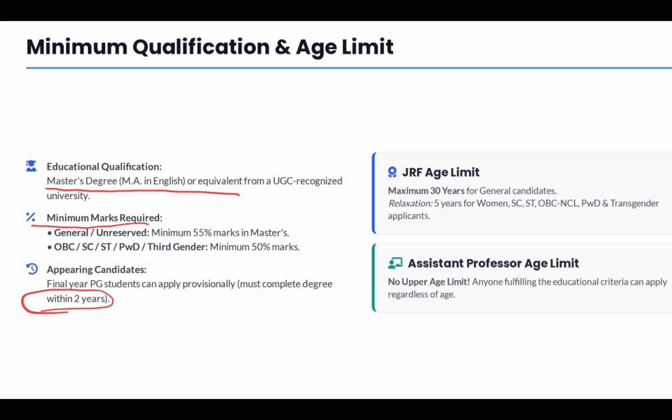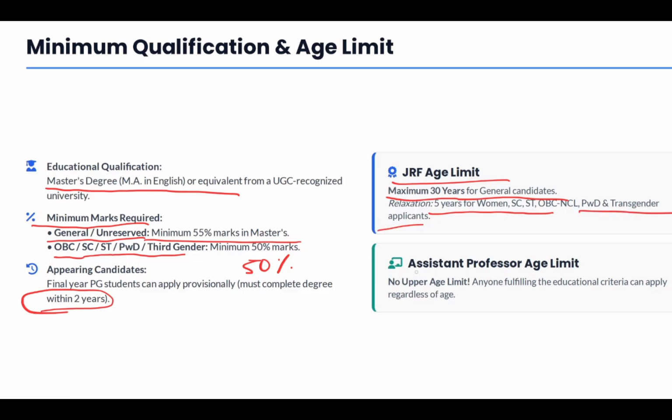And the minimum marks required is 55% in your masters for the general category, and for OBC, ST, SC, PWD, it is 50% marks. For JRF, the age limit is maximum 30 years for general candidates and 5 years relaxation for ST, OBC, SC, PWD and transgender applicants.